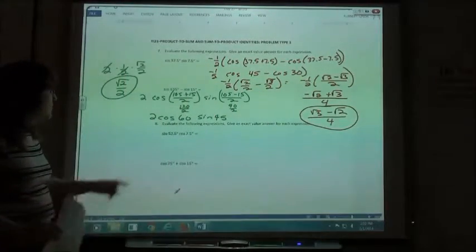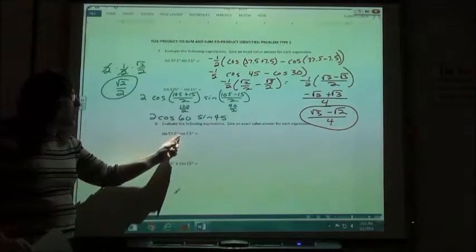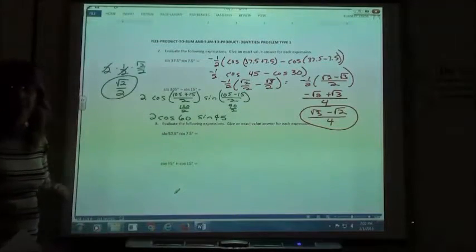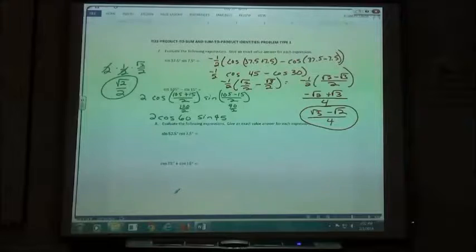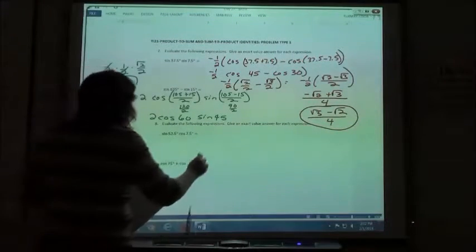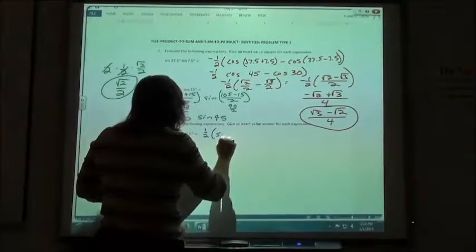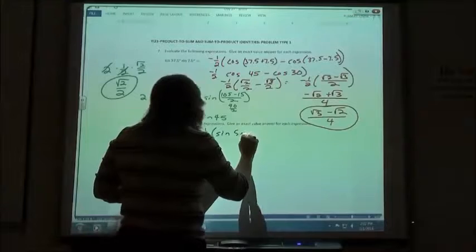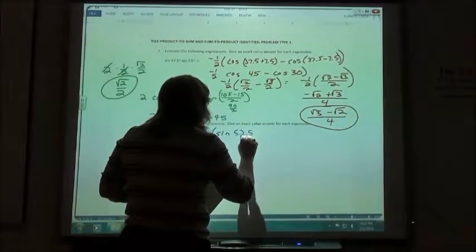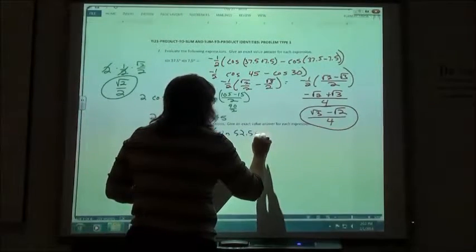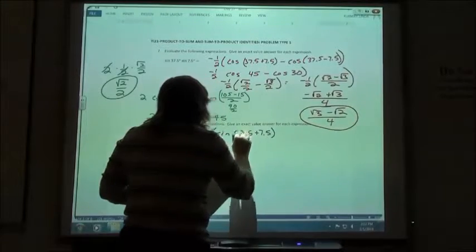The next one, we have sine of 52.5, cosine of 7.5. So you want to look for your formula where you take the sine times the cosine. If I look that up, I'm going to have 1/2 sine of 52.5 plus 7.5.